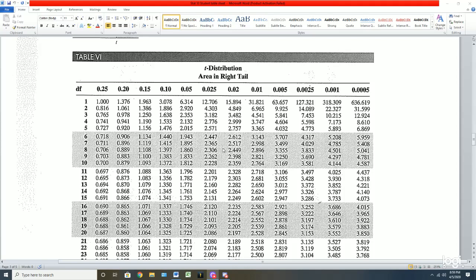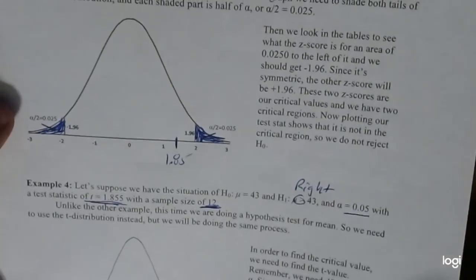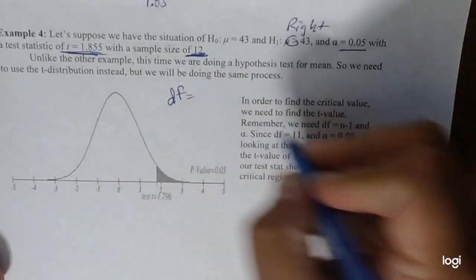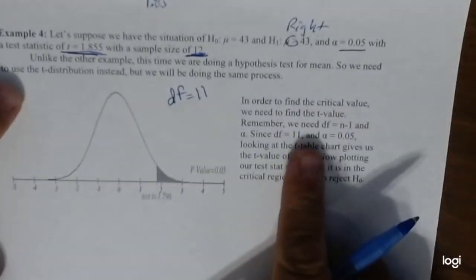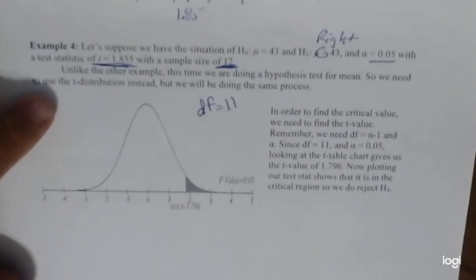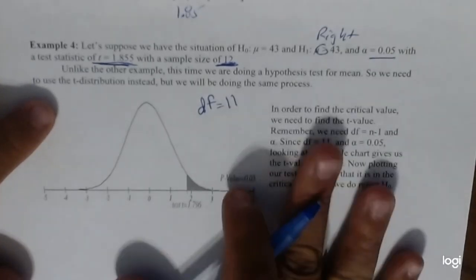If you guys remember how to find a t-value, it's a degrees of freedom and an alpha given to us. That alpha is still going to be the same, and degrees of freedom is n minus 1, sample size minus 1. So to find the particular t-value, we find the degrees of freedom, which is 12 minus 1, which is 11, and the alpha given to you.